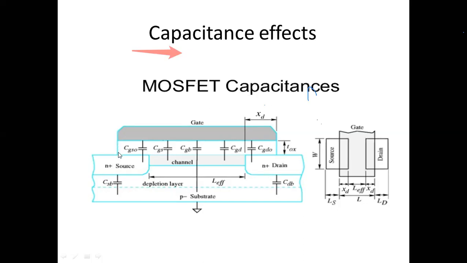This gate is occupying some part of the source here, and this gate is occupying some part of the drain here. So we call this CGDO. CGDO means gate to drain overlapping capacitance, and this we call the gate to source overlapping capacitance, because this gate is sitting on the source and on the drain, so there will be overlapping between gate and drain.